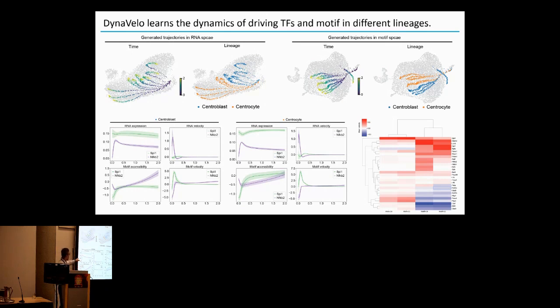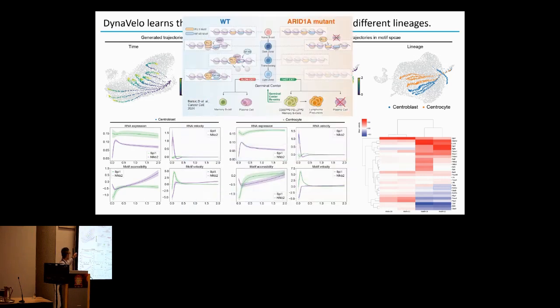These are two important genes that we always like to look at because of our collaborators' work. The idea is that in the centrocyte lineage, first SPI1 motif accessibility goes up, and then later on NF-kappa B accessibility catches up. So these two are working together to regulate the germinal center reaction, which they recently published in this Cancer Cell paper.